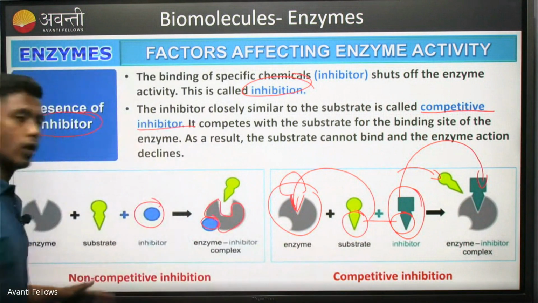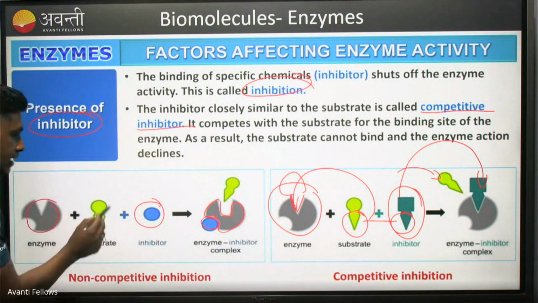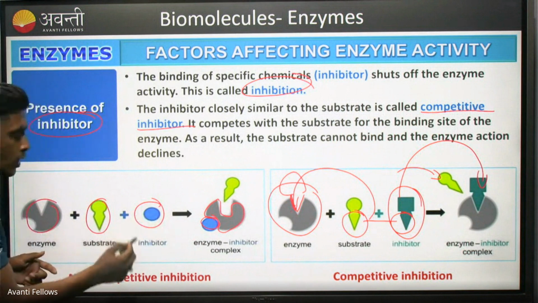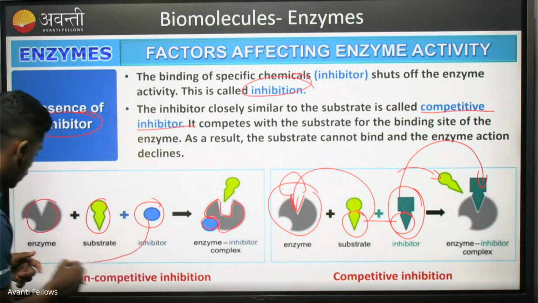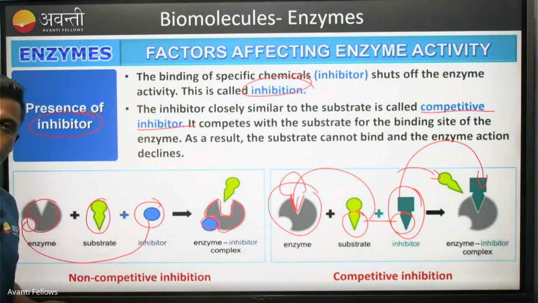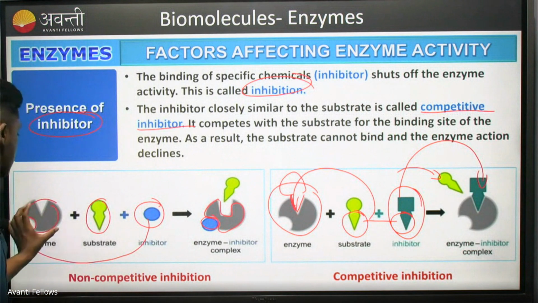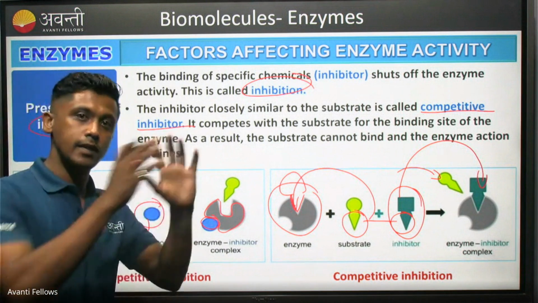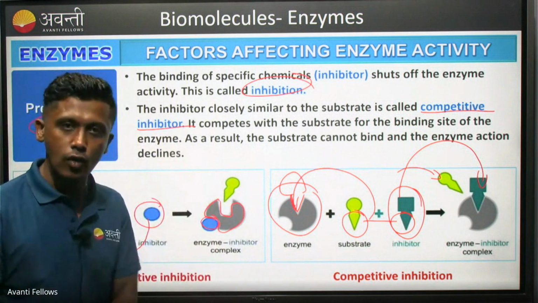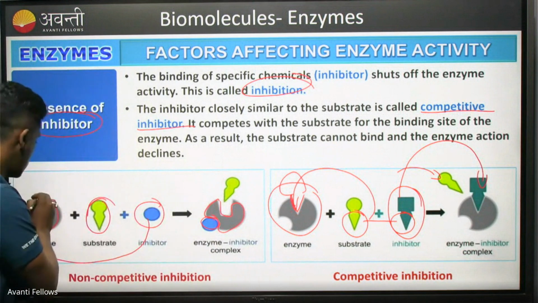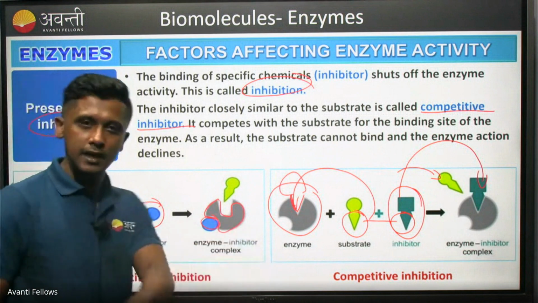In non-competitive inhibition, we have an enzyme and a substrate. You can see the shape of the substrate, the shape of the enzyme, and the shape of the inhibitor. The inhibitor goes and occupies this position on the enzyme, which changes its shape or configuration. When the enzyme and inhibitor combine, the enzyme no longer has the same shape as before. It changes its structural configuration, so the substrate does not recognize the spot, and that is how the enzymatic activity is stopped.